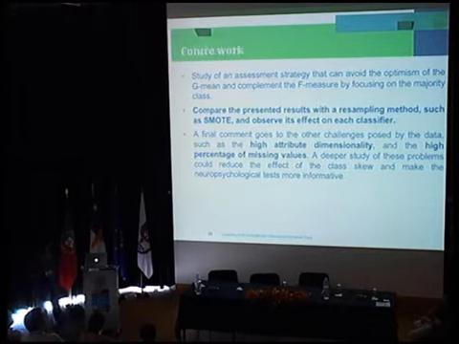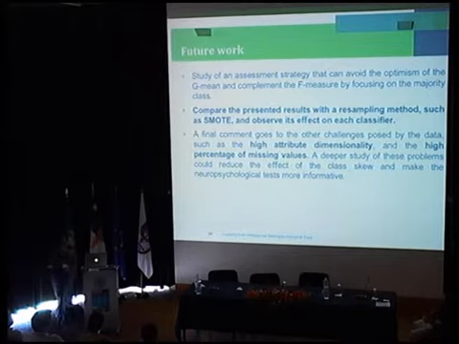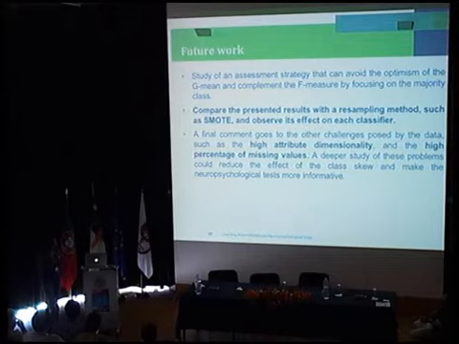And then about future work, most of it is already done. Basically, we studied another assessment strategy that could avoid the optimism that we observed in the G-mean and complement the F measure by focusing on the majority class.